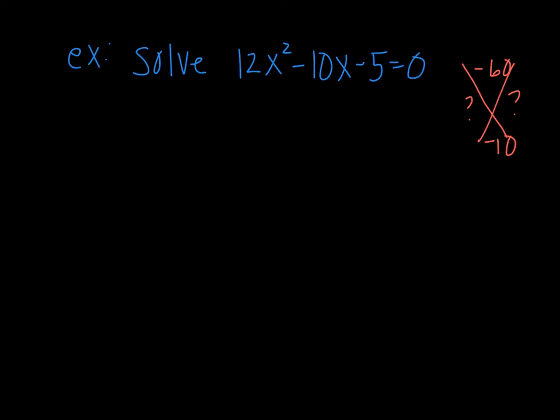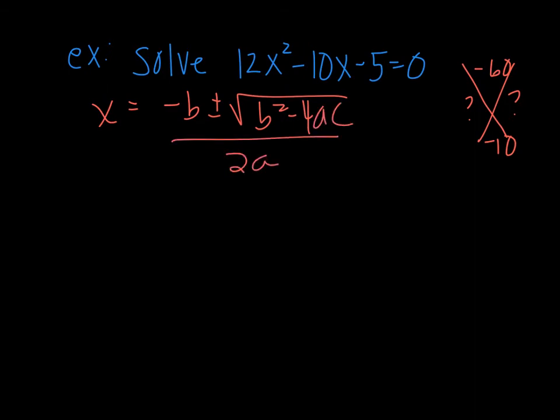So what the quadratic formula does is it says, okay, take me, the quadratic formula, negative b plus or minus the square root of b squared minus 4ac over 2a, and plug in your a, b, and c values. So for this one, a is 12, b is negative 10, c is negative 5.